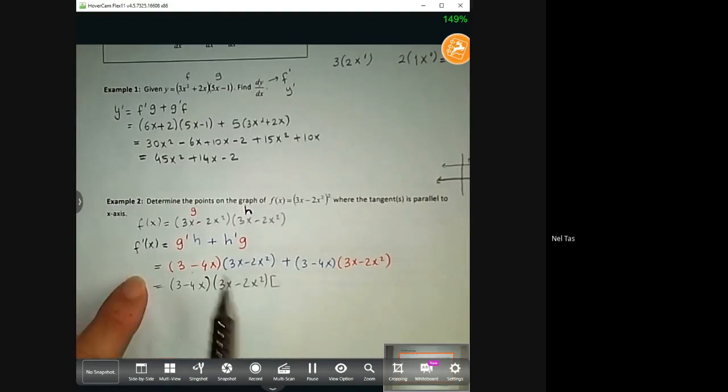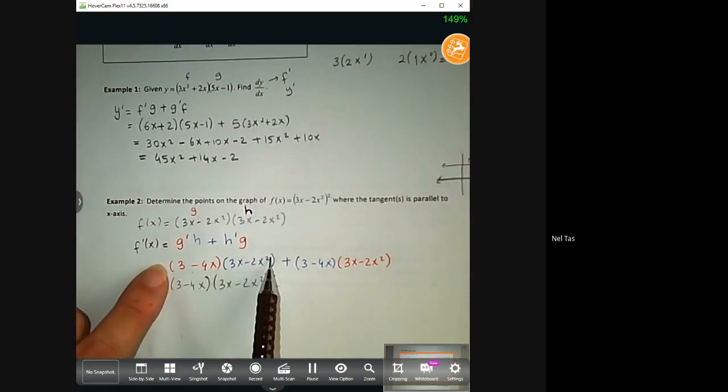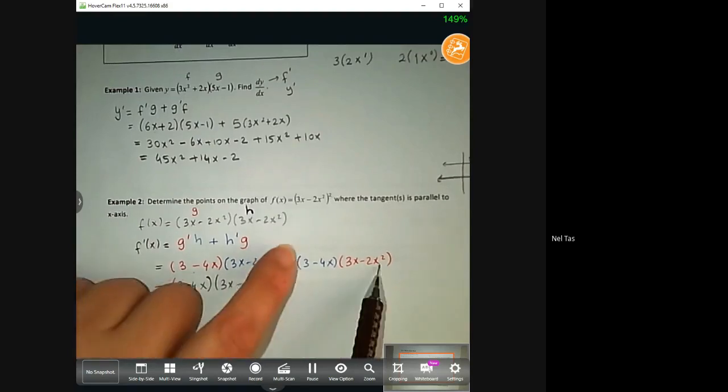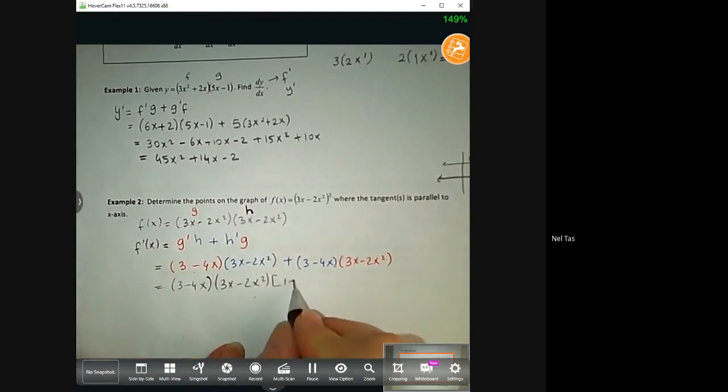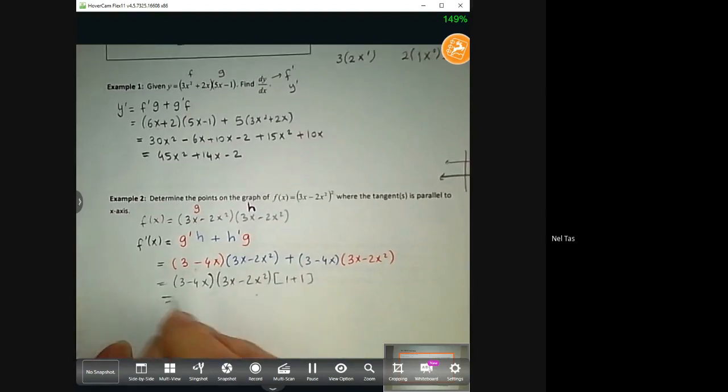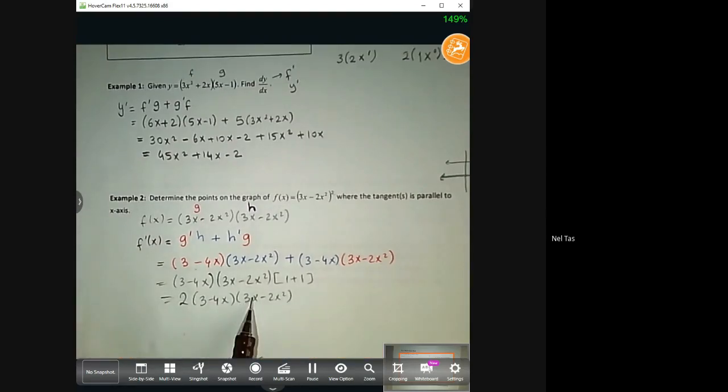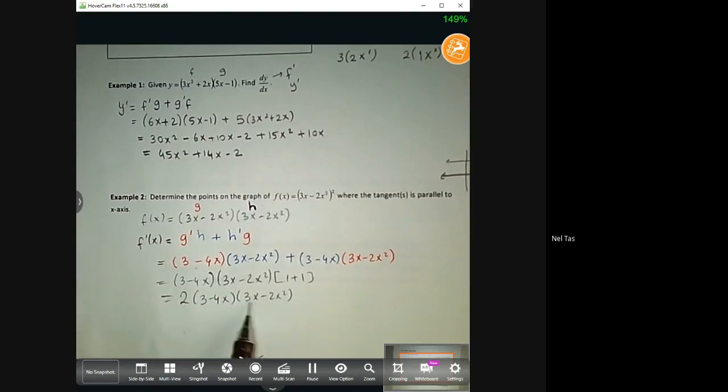If we open a bracket, you take the first term divided by this common factor, and the second term divided by this common factor, you get 1 plus 1, basically 2. So 2 times 3 minus 4x, 3x minus 2x squared is the derivative. But as you see, x is also a factor here, so we can take the x out as well. That will give you 2x, 3 minus 4x, 3 minus 2x.